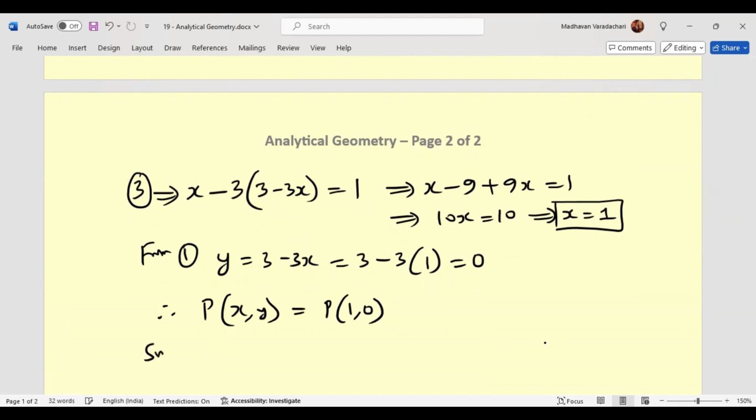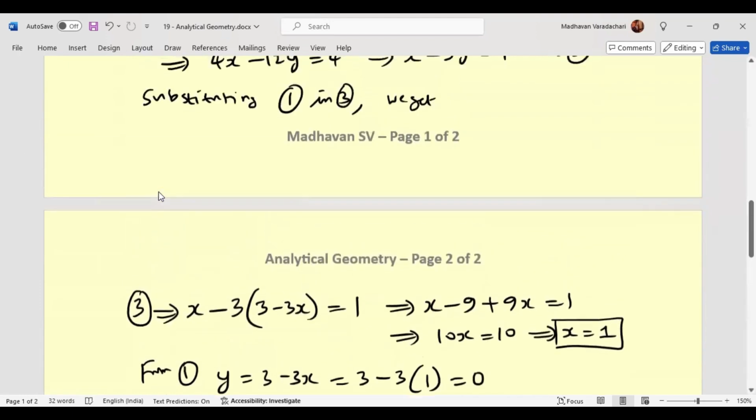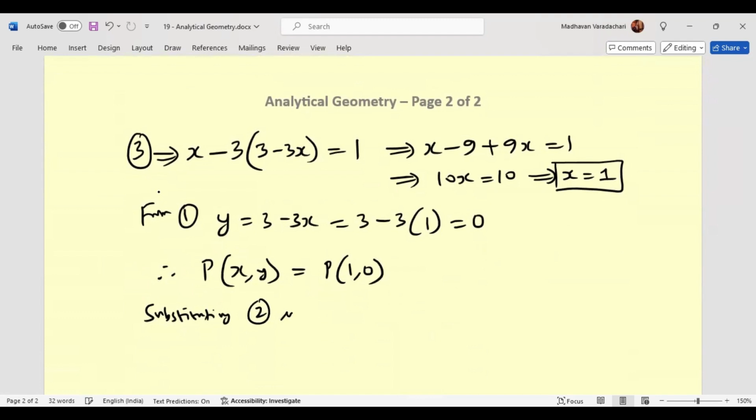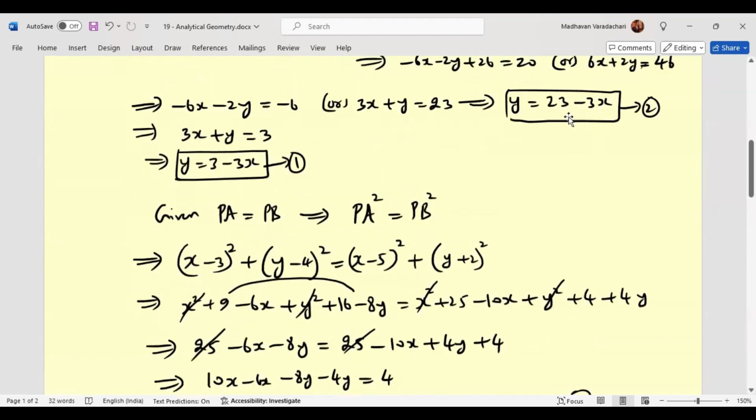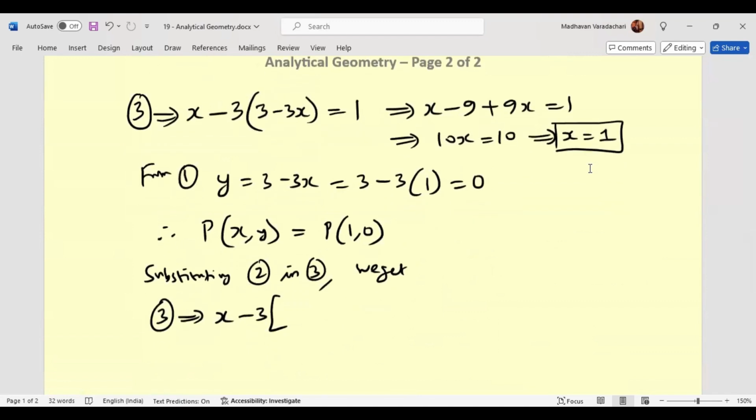Now substituting 2 in 3, we get, now what is 3? 3 is x minus 3 times what is y, it is 23 minus 3x. 23 minus 3x, that is equated to 1. Now further simplifying this, x minus 69 plus 9x equal to 1.